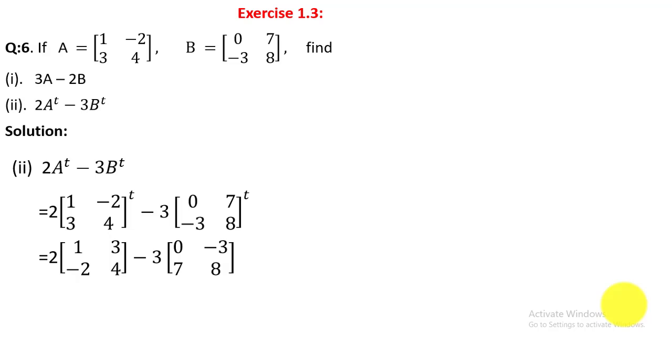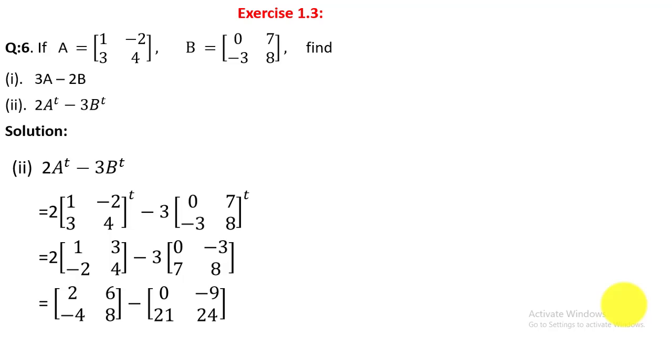Now we multiply the constant 2 with every element of the given matrix and 3 with every element of the given matrix. So 2 multiplied with 1 becomes 2, then 6, -4 and 8.